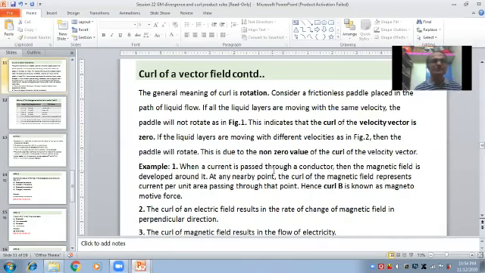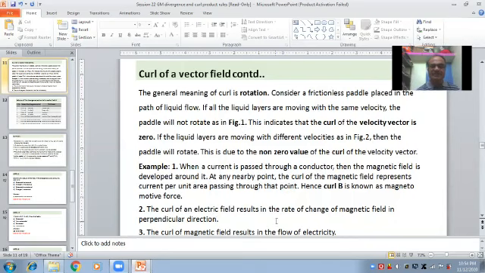So this I have explained using that fluid example, and when a current is passed through, this also I have explained with that diagram.